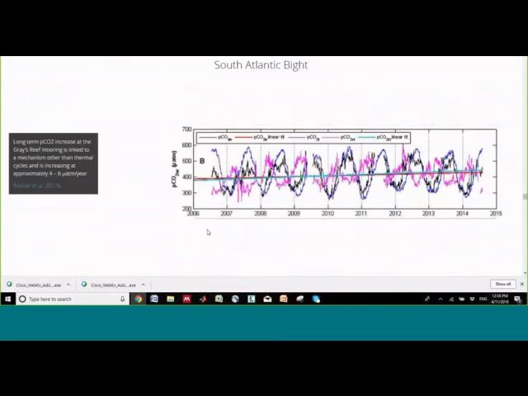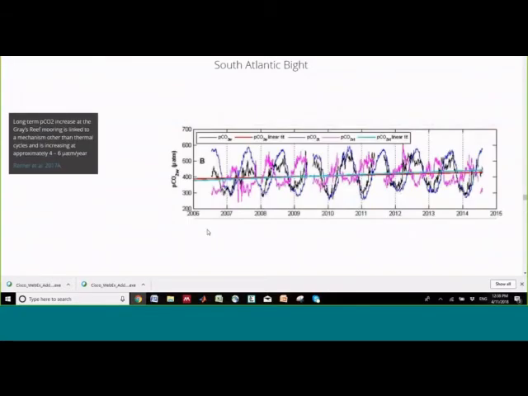And then another thing that we've done out at the Grays Reef mooring is that it constantly measures pCO2, the partial pressure of carbon dioxide in the surface. And we've been measuring that again since 2006.